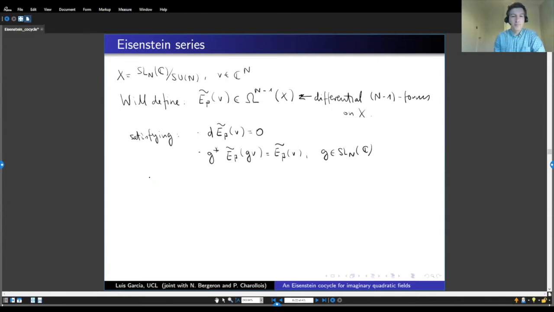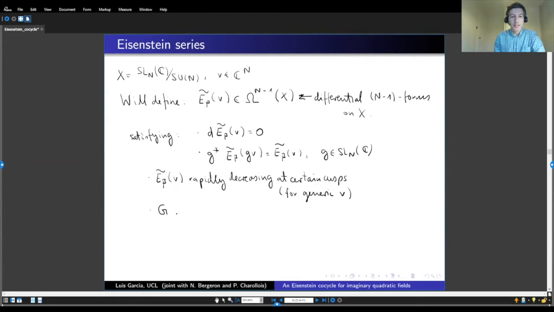And also, it will be rapidly decreasing at certain cusps. And in fact, this will only be true for generic v. I will be a bit more precise later. Okay, so basically we will be able to show that the constant term at certain cusps vanishes.